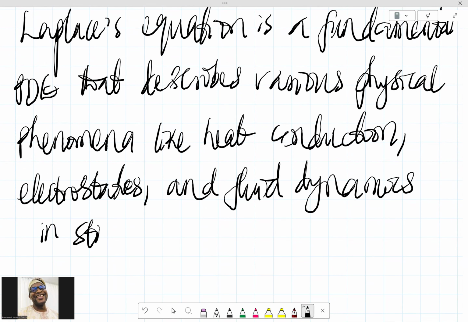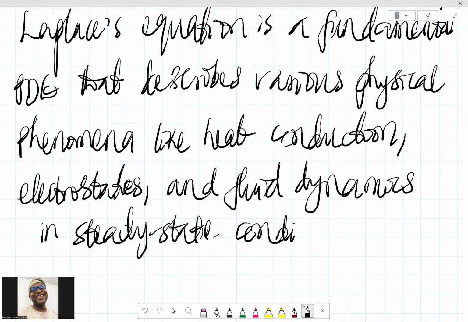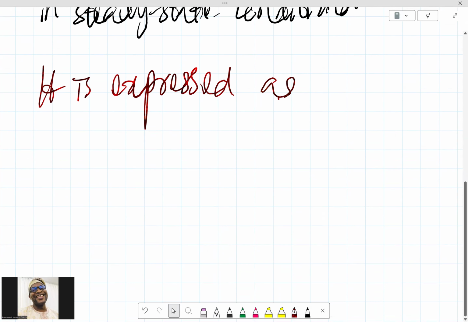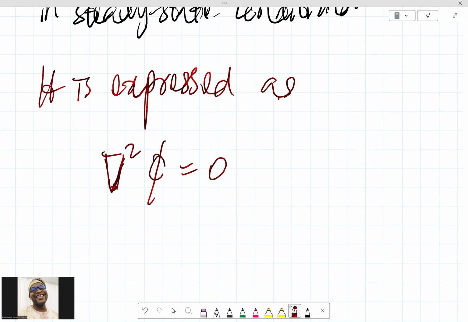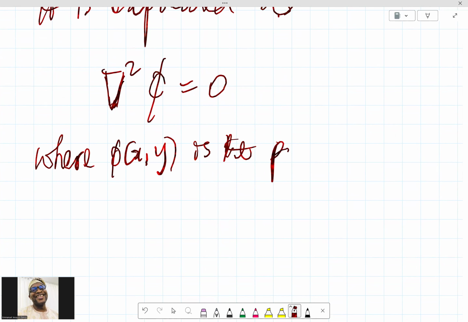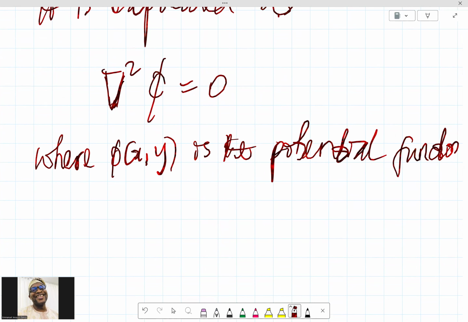In steady state, I think the key word here is the steady state thing. In steady state conditions, it is expressed as nabla squared of phi equals 0, where phi, which is a function of x and y, is the potential function, e.g., temperature.